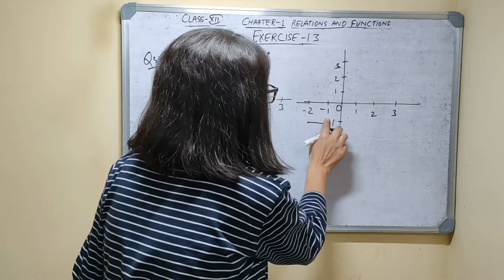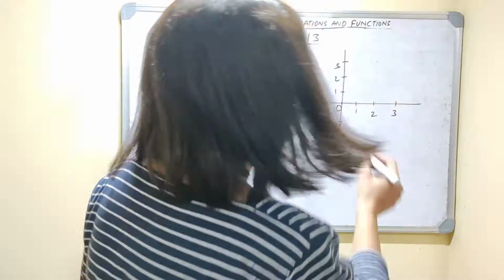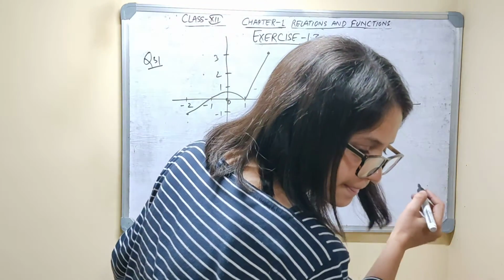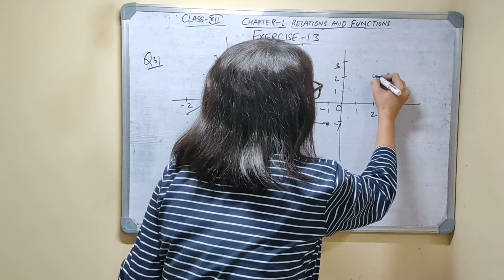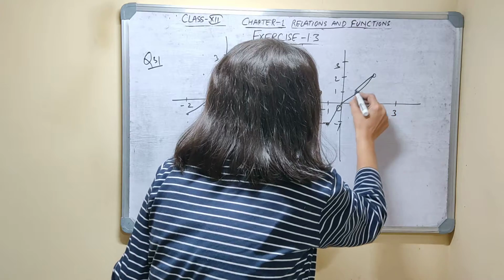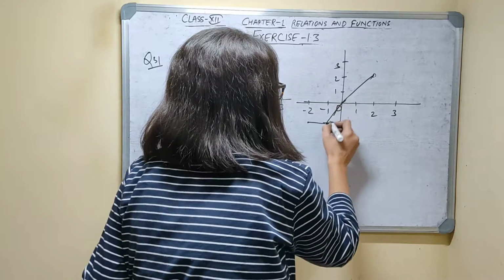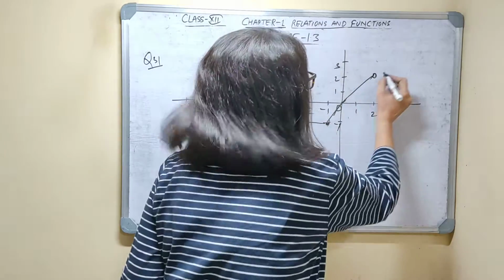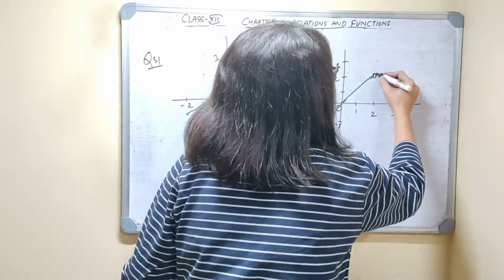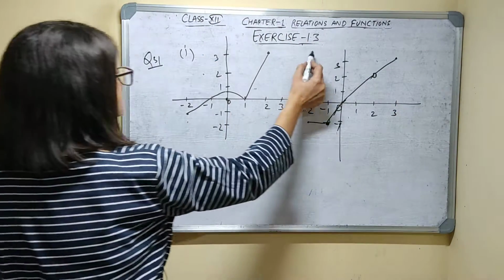Minus 1 straight till 2, this is a straight line. Then till 3, this means 3, 3. It is like this, first part and second part.